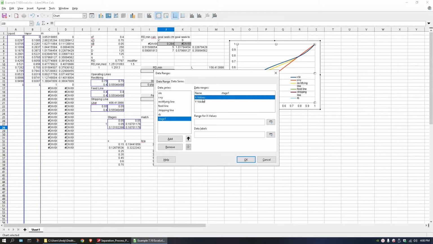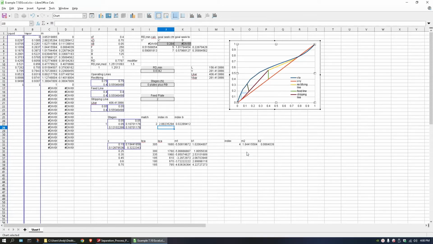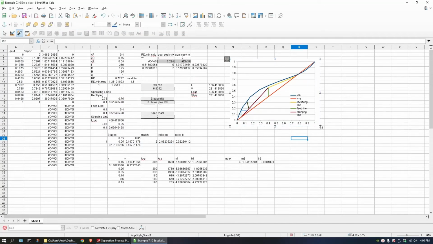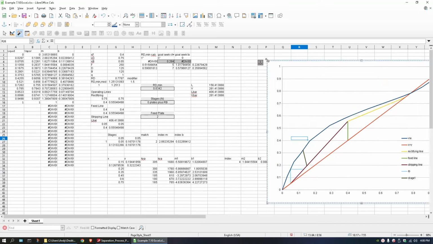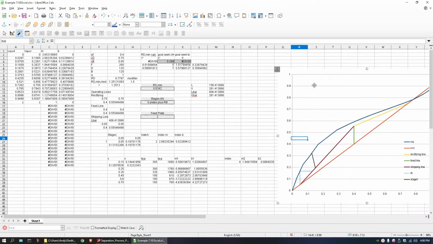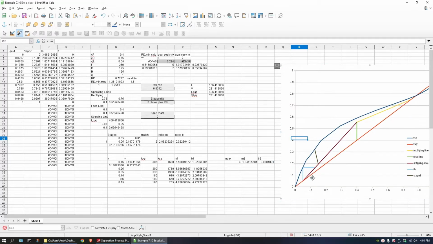Just call it stage, it's not really a stage, but it doesn't have to be. Okay, great, I'm going to make this a little bit easier to see. I don't know if that's big enough. But yes, it does intersect, so yay.